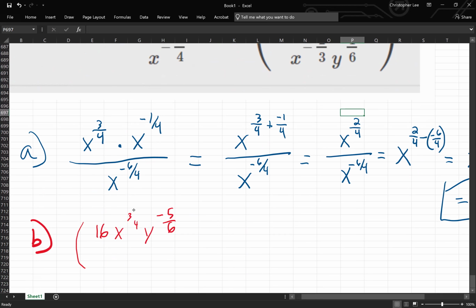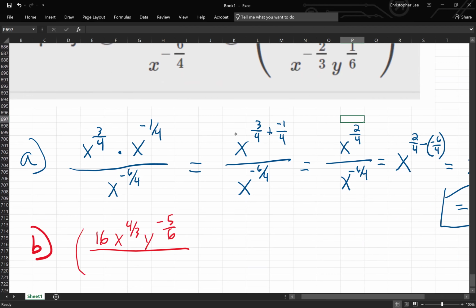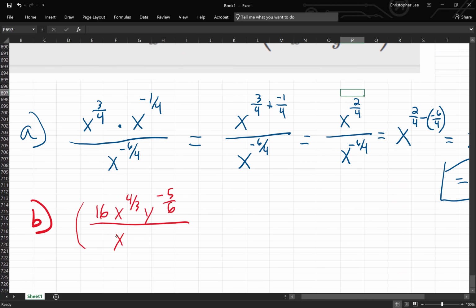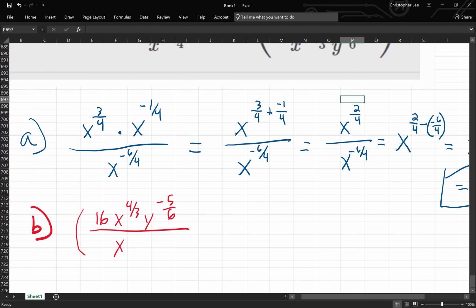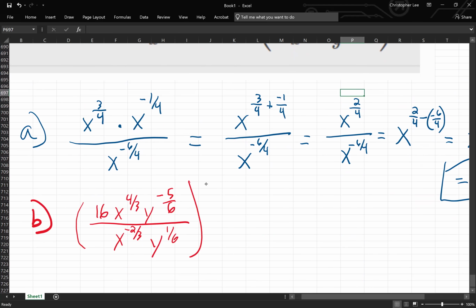Thank you. So then we got the x to the negative 2 over 3 and the y to the 1 over 6. And all of that is raised to the half power.